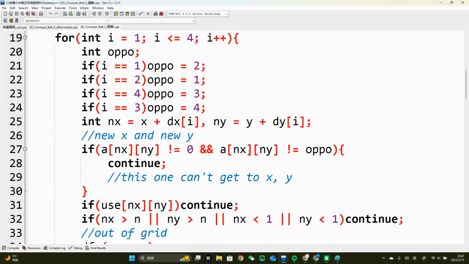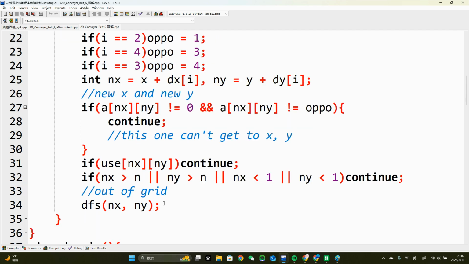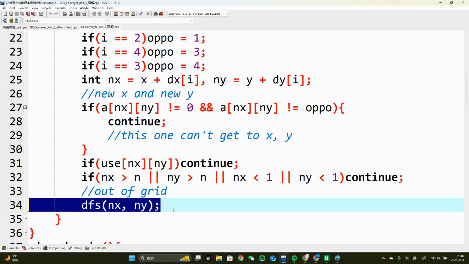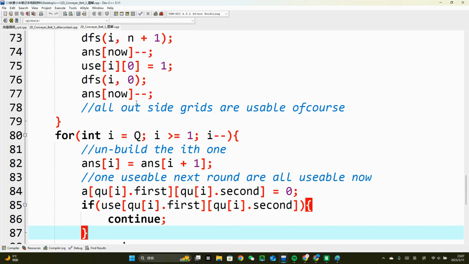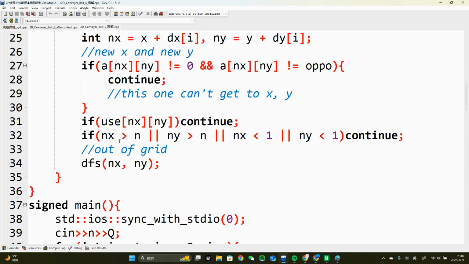And it is quite simple and straightforward because you just find the opposite of each cell, and then you go in reverse order. If you can reach that cell, you go to that cell. If that cell was already used, you skip it. If that cell wasn't used, you update it as used, and then you DFS on the new X and the new Y. And obviously, each time you have to update the answer.